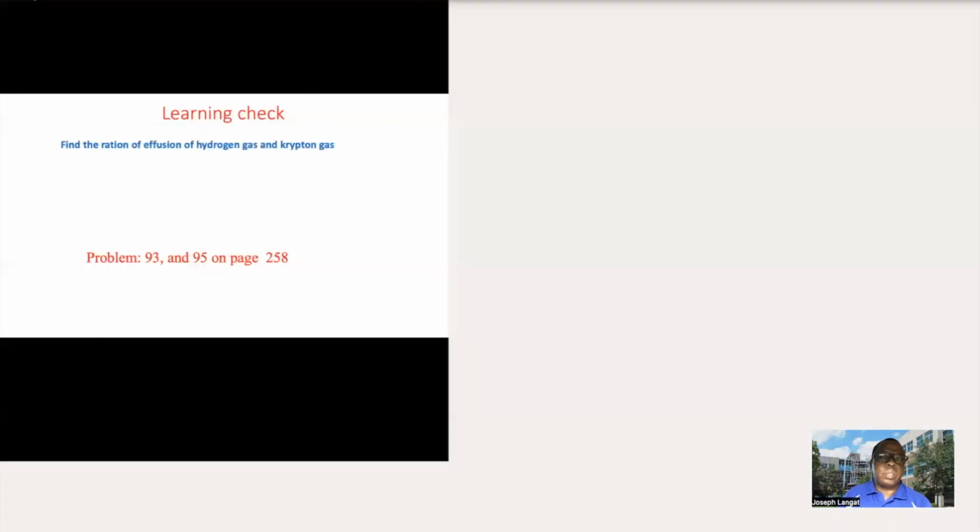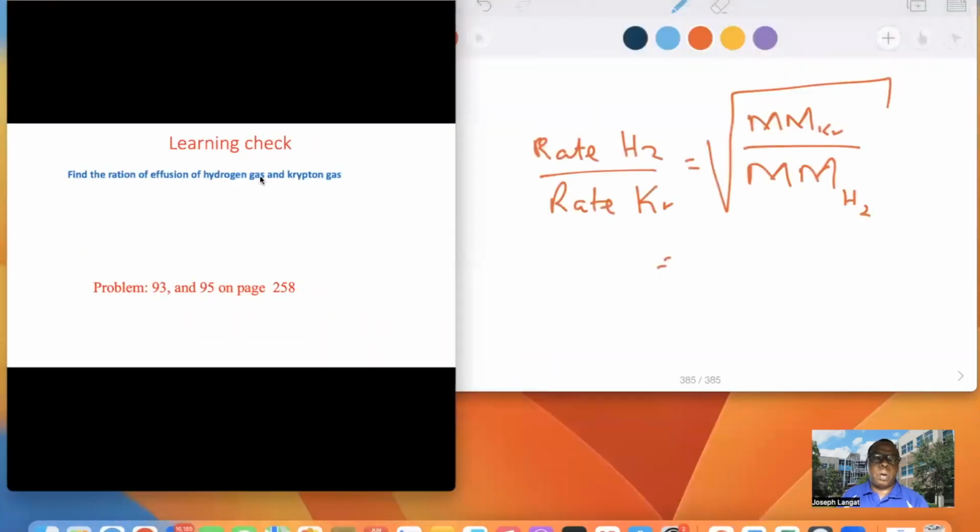Sorry about that. I was just writing what the problem is, rate of hydrogen gas over rate of krypton gas. Krypton is not diatomic on the periodic table. You should know that.